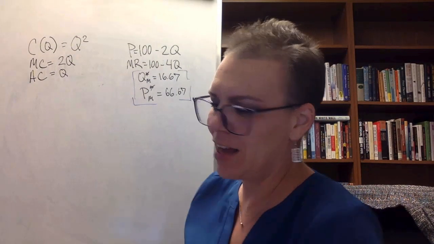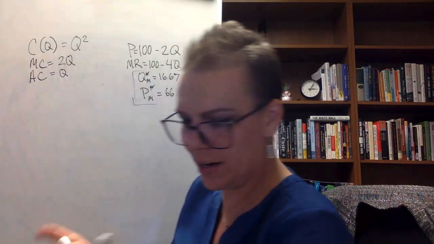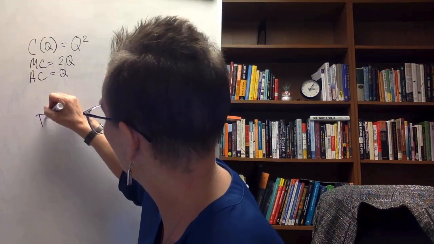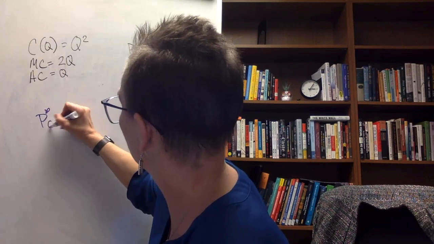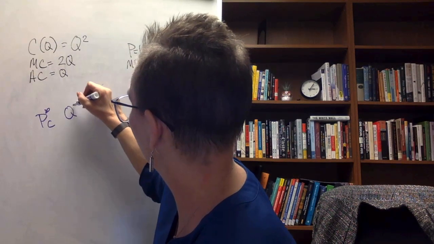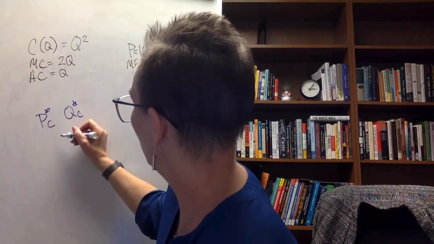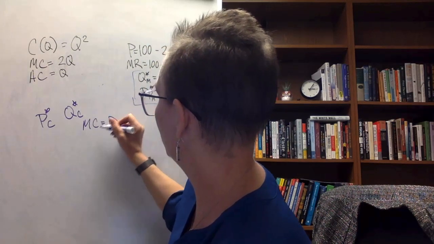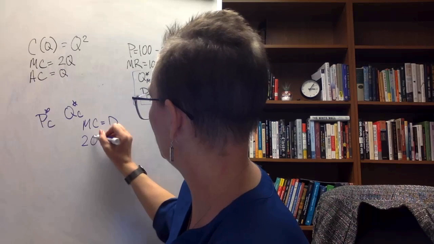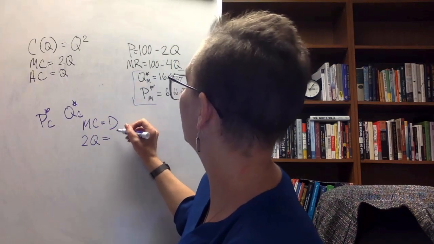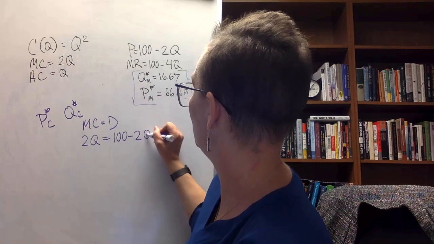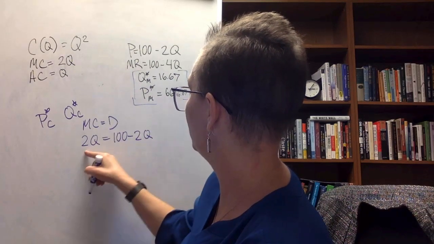To get the competitive price and competitive quantity, we want to set marginal cost equal to demand. Marginal cost is 2Q. Demand is 100 minus 2Q. So we're going to add 2Q over here.